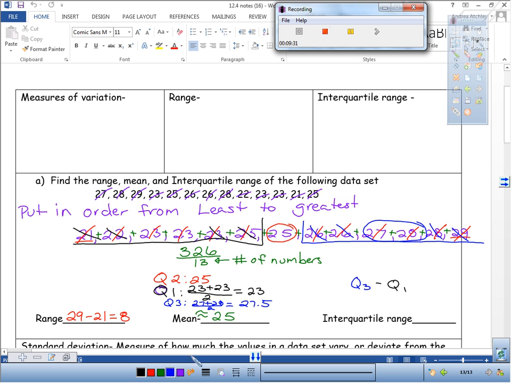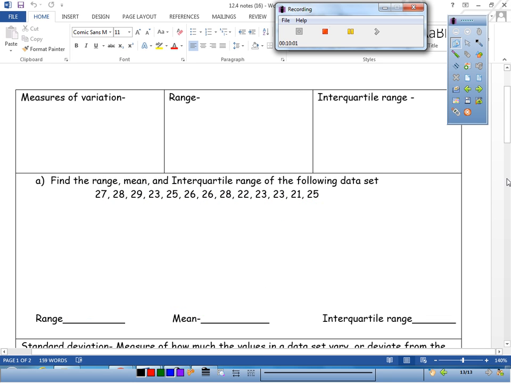So then 27.5 minus 23, which should be 4.5. Any questions over that? Okay. We're all good.